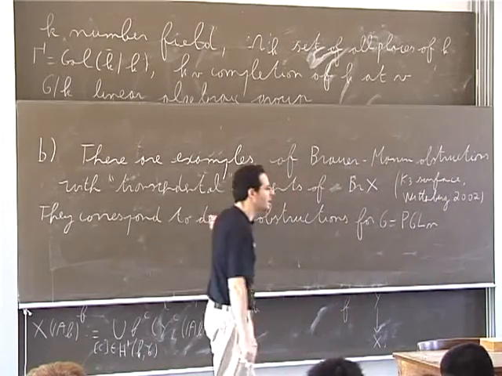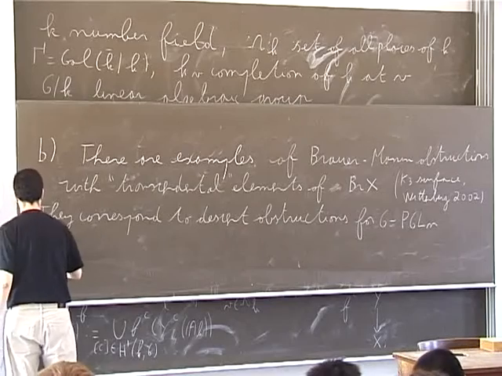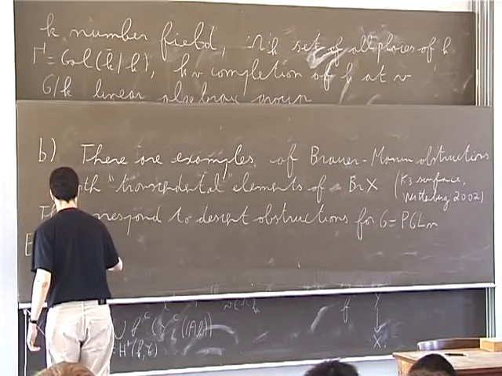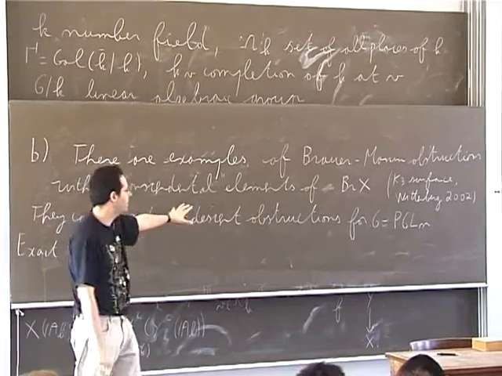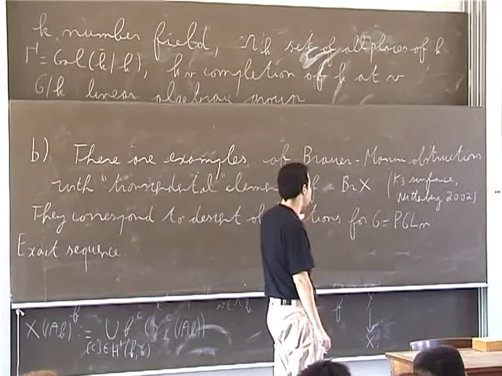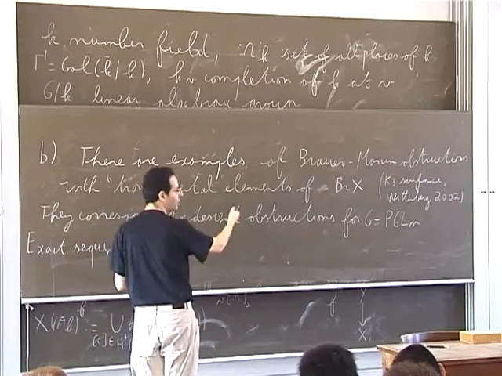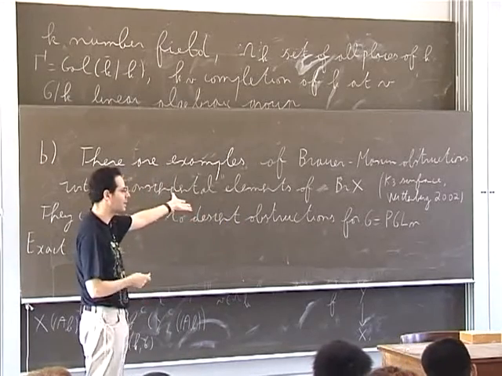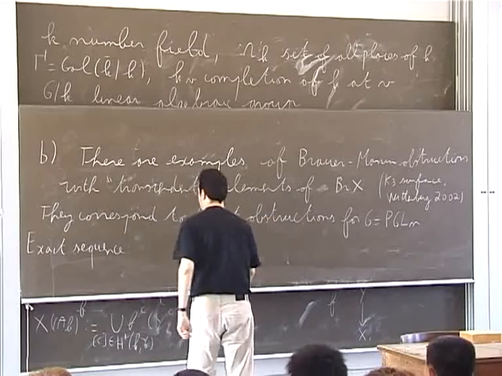And here is the explanation. Indeed, you have an exact sequence in étale cohomology. So you use the same exact sequence as yesterday: GL_n, PGL_n, and the kernel is G_m. So if you take the long cohomology exact sequence, it is a central sequence, so you have an H2 term.